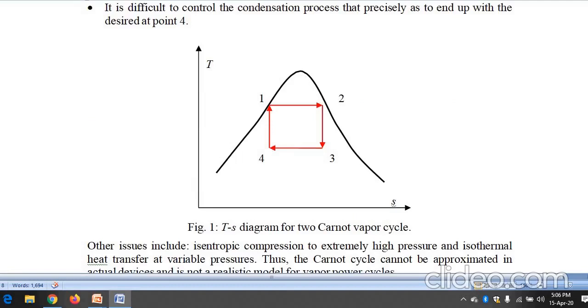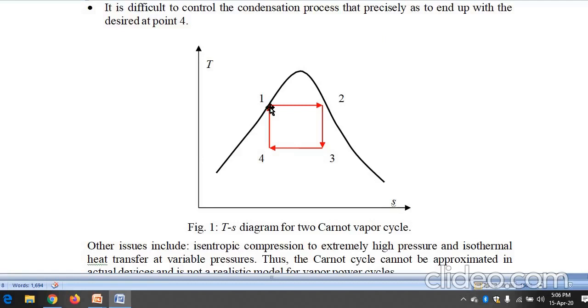Meaning the state of the substance on this line is liquid, and the state of the substance on this line is vapor. At the point where the saturated liquid line and the saturated vapor line intersect, that is the critical point. Above that, it will behave as an ideal gas. Left of this line will be liquid and right of this line will be vapor, and in between we have a 2-phase mixture, that is liquid plus vapor.